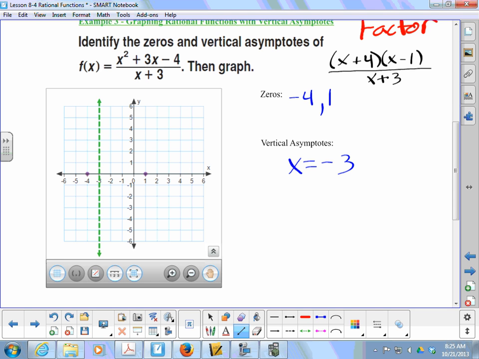Now, there's one other point. There's only one other point I need to draw this graph, and you don't need your calculator for this, okay? Or you can use your calculator if you need to, but you don't need to. Okay? Can anybody tell me what the y-intercept is?